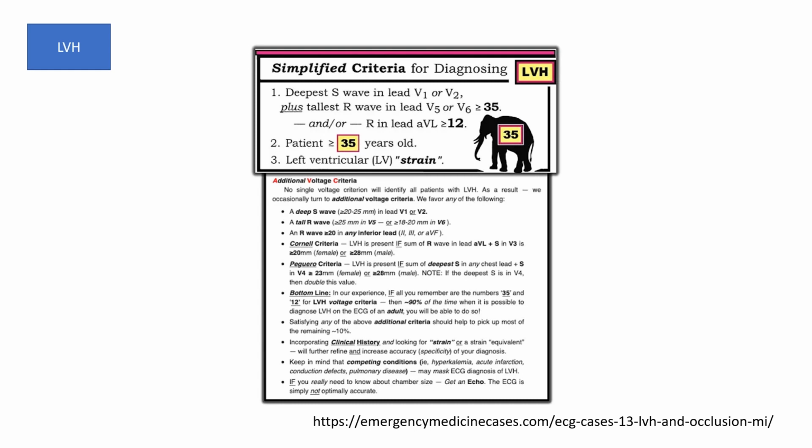I think there's a deep dive to be done here. If you want, please do. I don't think this pattern is so important that we need a deep dive. We need to know one of these criteria. I think the Lyon-Sokolow, which EM Cases endorses, is a good one to know, and you can always deep dive if you want to, but I don't think it's important in emergency medicine.